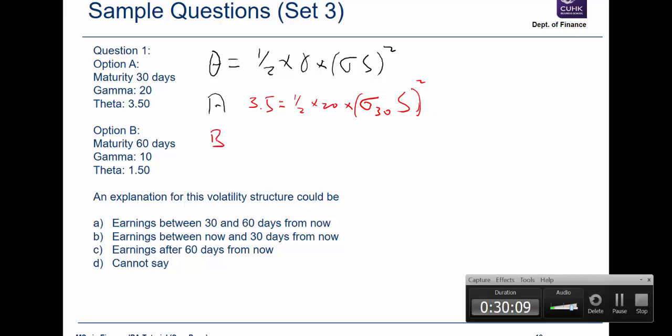Whereas for option B, you've got 1.5 is equal to a half times gamma times the 60-day volatility squared. And if you were to solve for the 30-day, you'd find that this is what you get.